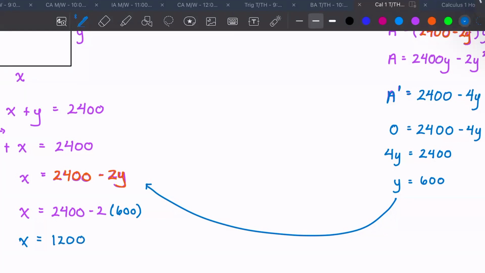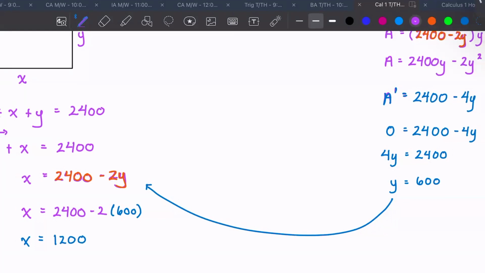Okay. So we need to write our answer. Our dimensions would be 1,200 feet by 600 feet. That's our first answer. And our next question was, what is the maximum area?